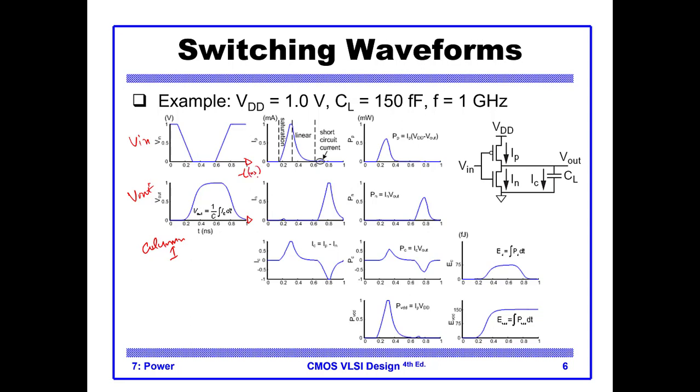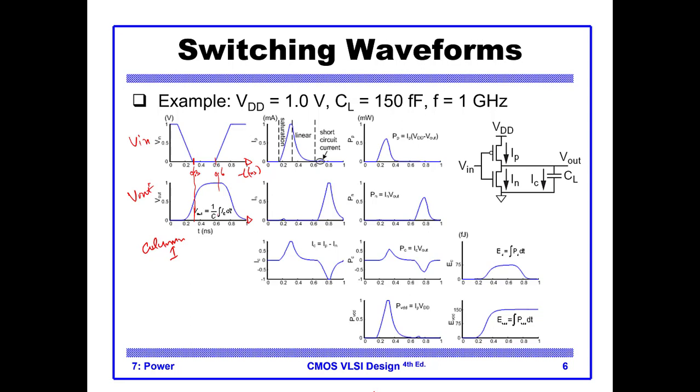So you see that the input is 1, but then at 0.3 it goes down to 0, and then at 0.6 it goes up. So this is the input to the inverter, and you see the output is opposite. Because this is an inverter, it goes up at 0.3 and starts to go down around 0.4 with some delay. So this is our input versus output curves.